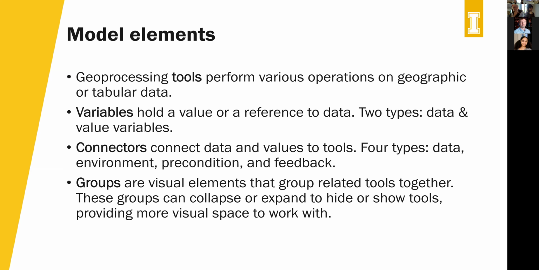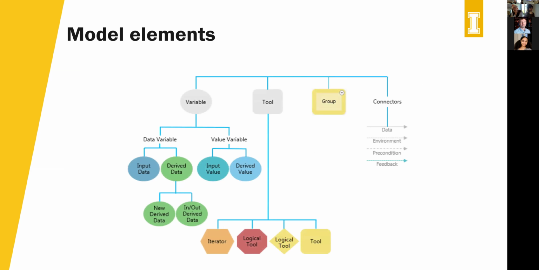So if you look at those visually, again, in the center, you have the tools, right? And you can have any geoprocessing tool that's in there. And they have iterators built in. Like I have an example in one of the ones we do where you loop through all the data sets in a directory and do something.